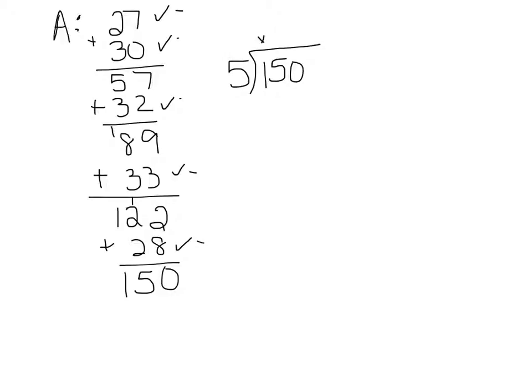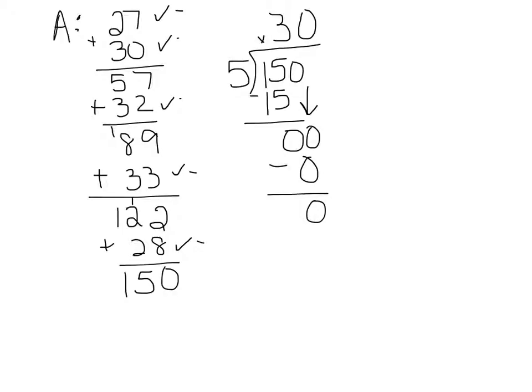So now 5 goes into 15 3 times, and 5 times 3 is 15. 15 minus 15 is 0. Bring down to the line that next number, which is 0. Now you have to ask yourself, how many times is 5 going into 0? And again, that's 0 times 5 is 0. And when I subtract, I get 0. So group A had a mean, or an average, of 30 raisins per box.